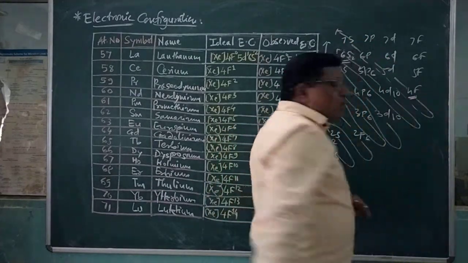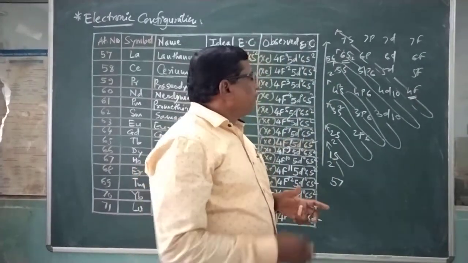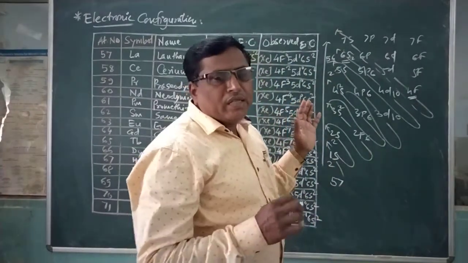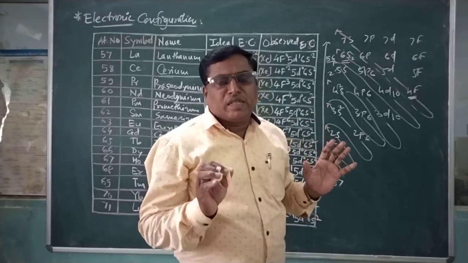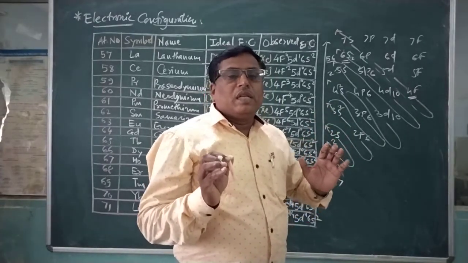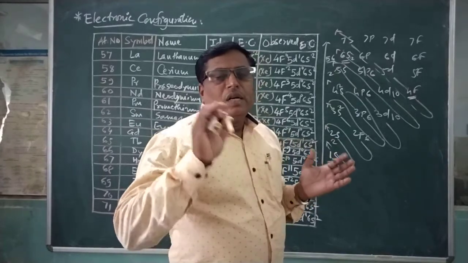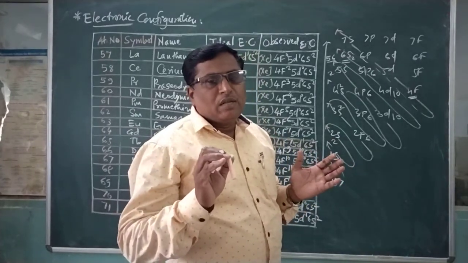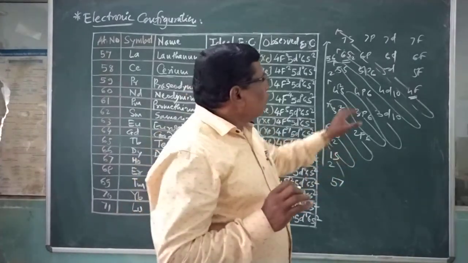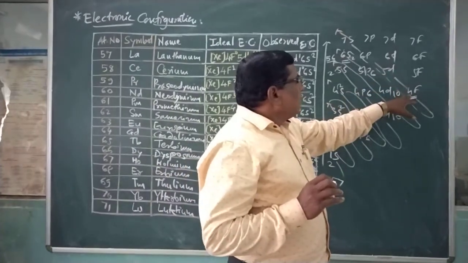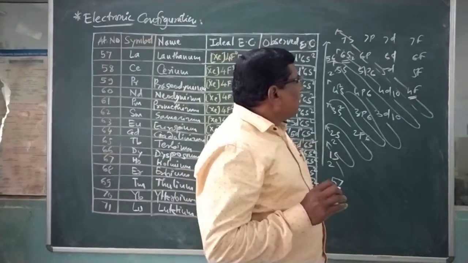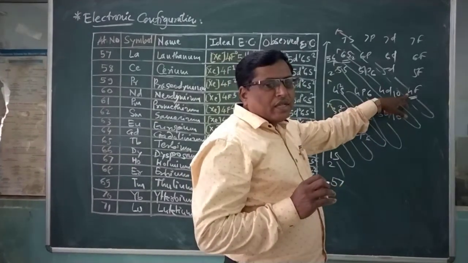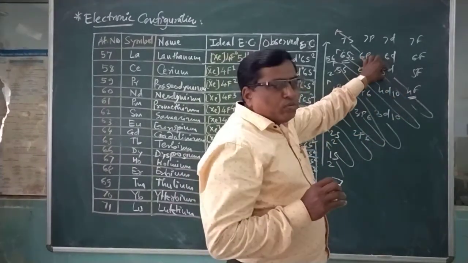But in case of lanthanum, what happens here? When we take the filling of electrons, the orbital which possesses less energy, that time the electrons enter into the less energy orbitals before the higher energy. When we take 5d and 4f as concerned to lanthanum, it is found that the 4f orbital possesses higher energy as compared to 5d.